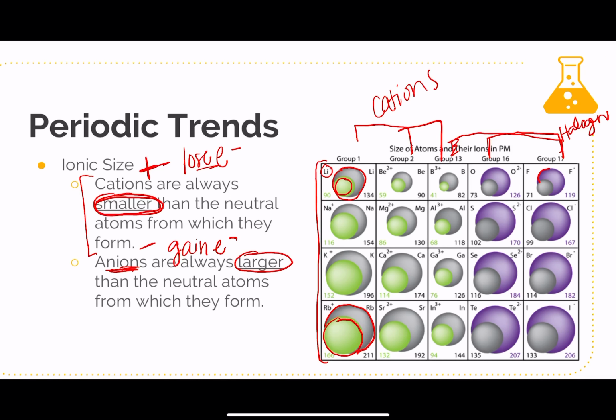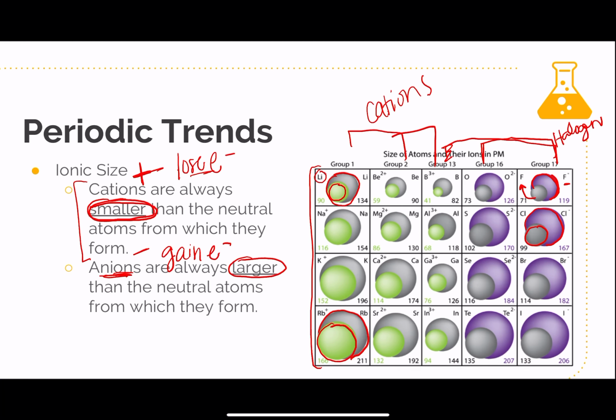So the purple is the anion, that's the F minus, and then the gray is the F. So the gray for both of them is the neutral atom, okay? The colored one is the ion. And so you see here, the ion is much bigger than the neutral atom, okay? So that's an important trend to remember as well. And those sizes generally increase as you go down the periodic table.